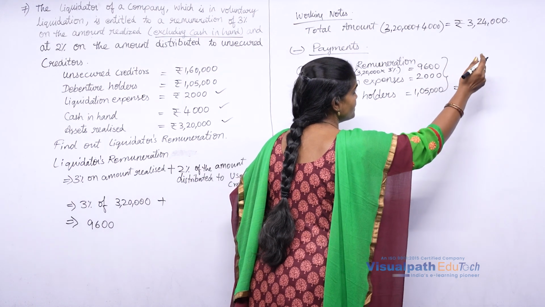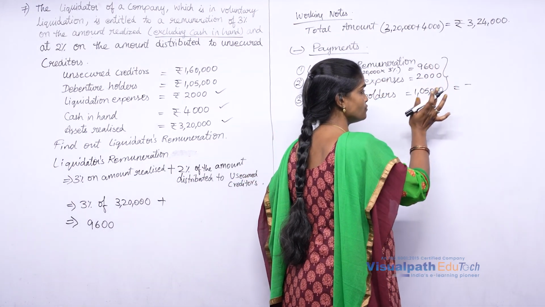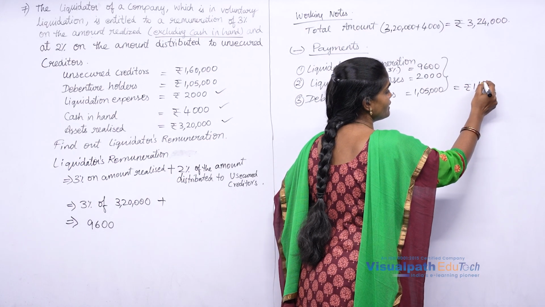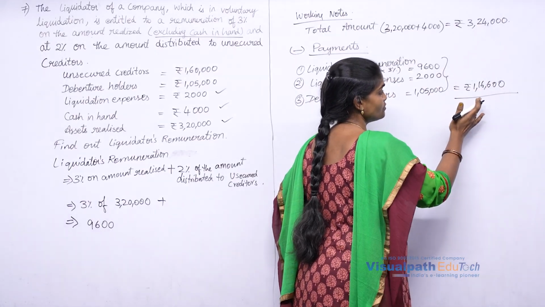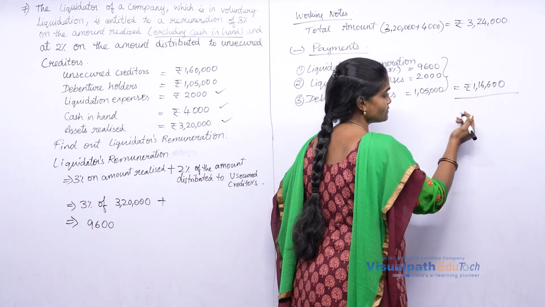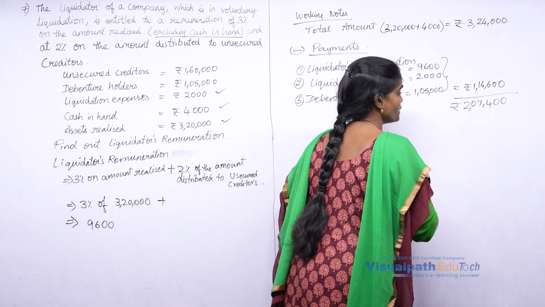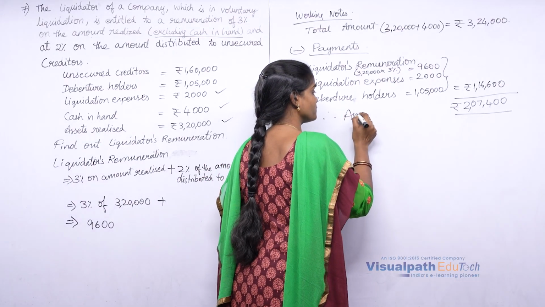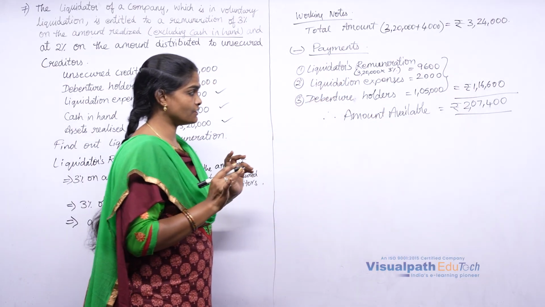Add this and deduct from 3,24,000. 9,600 plus 2,000 plus 1,05,000, we get rupees 1,16,600. So 3,24,000 minus 1,16,600, we get rupees 2,07,400. So this is the amount available.